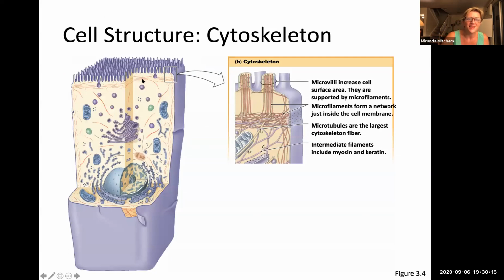So let's look at that. We're looking at quite a large cell here, shaped like a rectangle. We can see the villi across the top of it. All this is a way to increase the surface area to volume ratio. That's actually one of the major themes in biology and physiology, this concept of cell surface area divided by the volume.